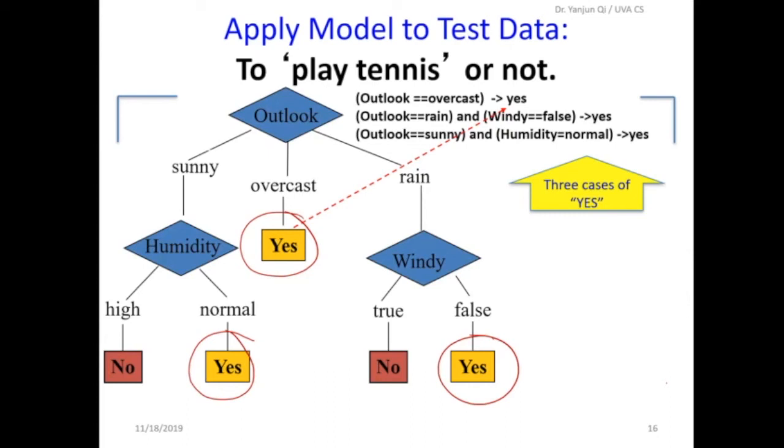So in fact, on this tree, there are only three different cases that arrive at yes: outlook is overcast, or outlook is rain and windy is false, or outlook is sunny and humidity is normal. Okay, so what does this even mean?